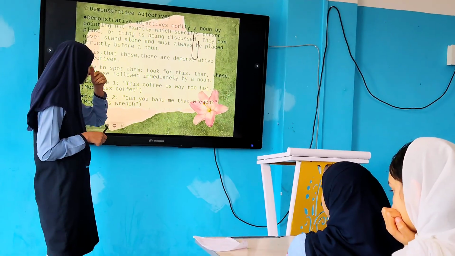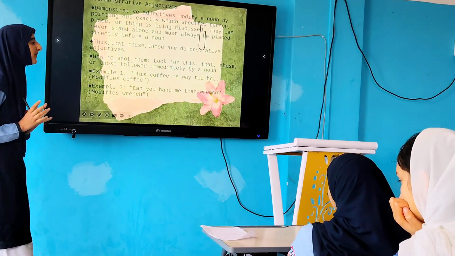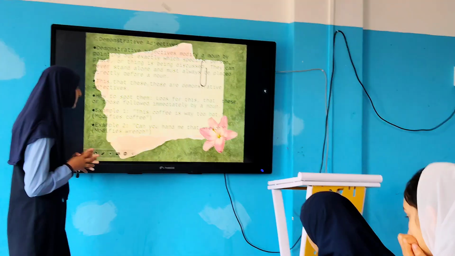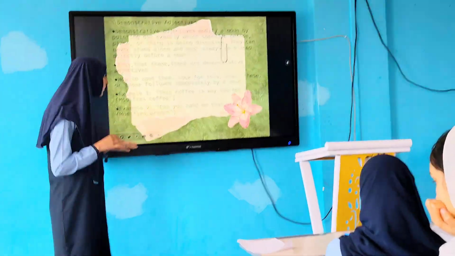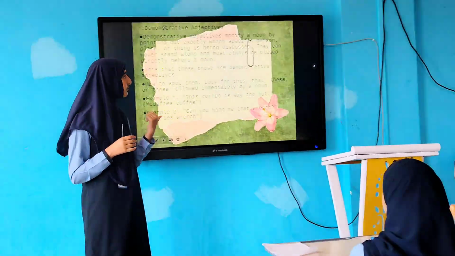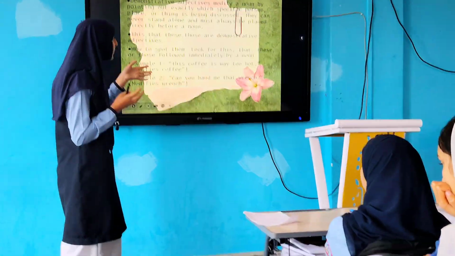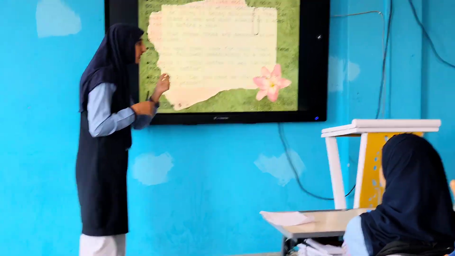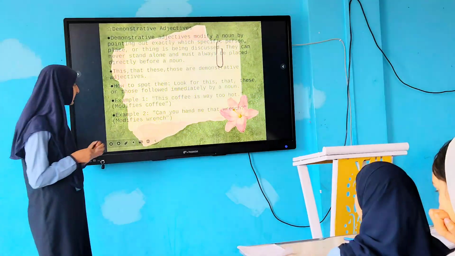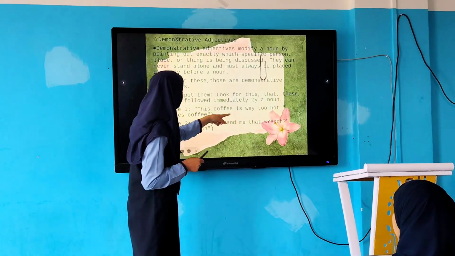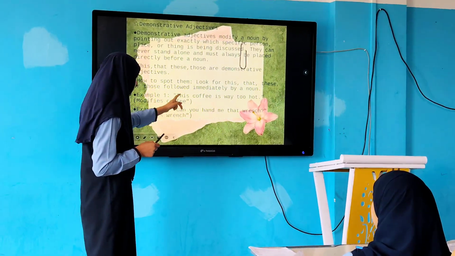For example, if we have a sentence, we look for this, that, these, those, and if the word is followed by a noun, then we identify it as a demonstrative adjective. Example: this coffee is way too hot.